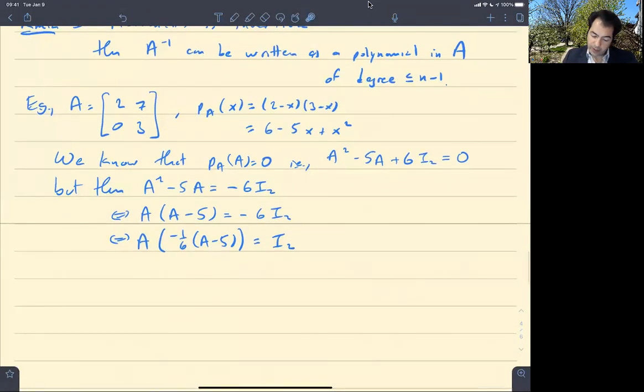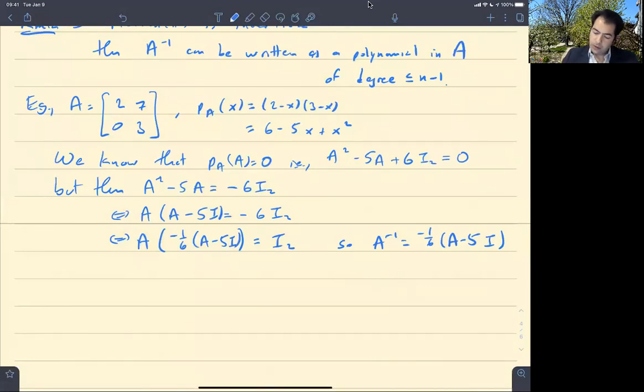Okay, and now notice what we have here. We have A times some matrix is equal to the identity, right? Well, that means that this matrix has to be the inverse of A. Here I should have put 5 times the identity here.